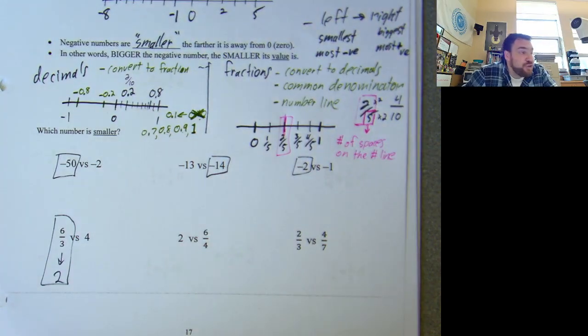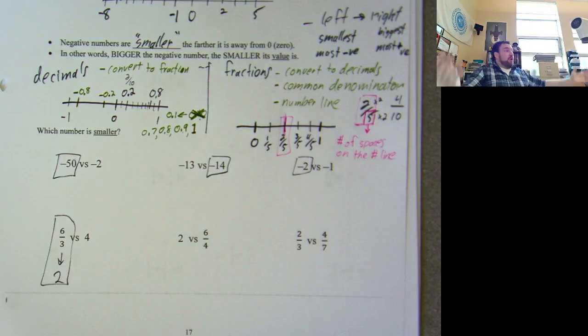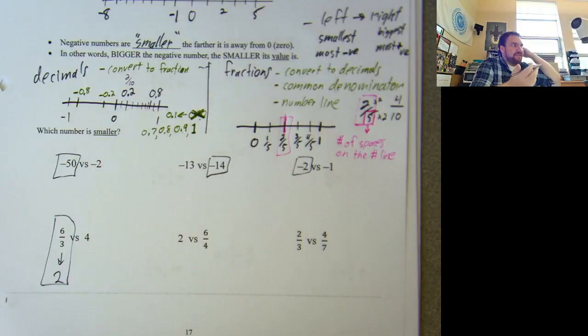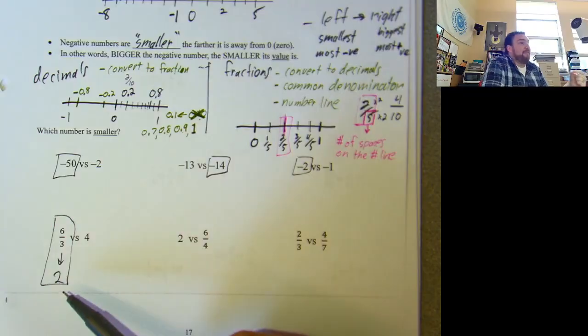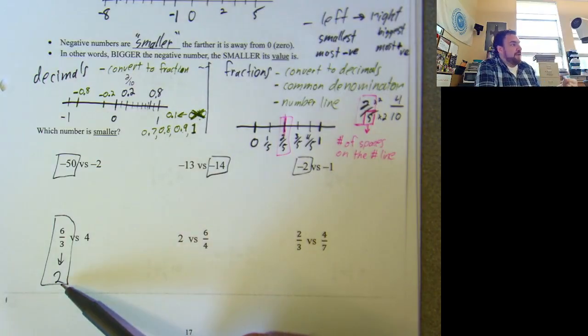And I would like to express my appreciation for how you gave me your answer. Because, and this is something I want to draw everyone's attention to, because this is something you're going to do today. When I give you two values, something like 6/3 versus 4, and I ask you to give me the smaller value, you're going to have to make some tweaks somewhere. And so what you said was that 6/3 is 2. When you go back then and give me your answer, I don't want the answer that you simplified it to.